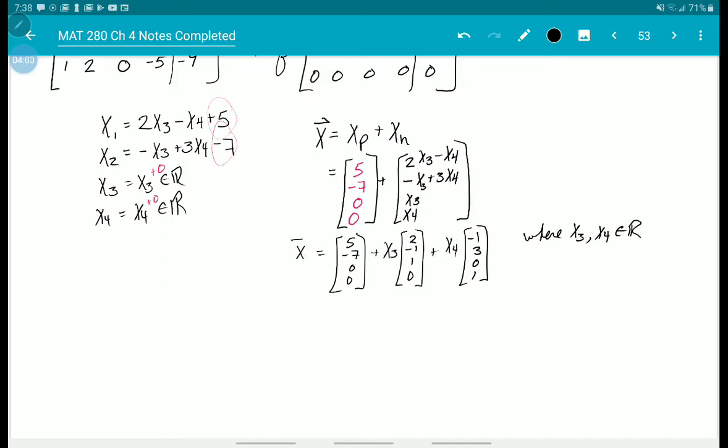So there's our solution. Now, I want to prove to you that this is the actual solution for the homogeneous system. I'm telling you it is, but I want to show you.